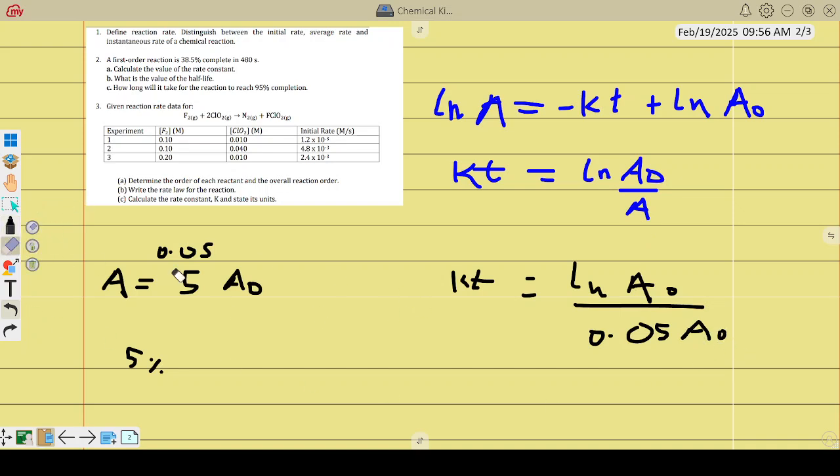Make sure the ln isn't part of the fraction. It's independent. So when we cancel, we're going to have ln. By now I'm very happy to be teaching at this point where I can just say this will be ln 20, because I know my students understand that this and that will cancel, and we'll have 1 divided by 0.05, which is 20. That's how fast you should be working in the exam.